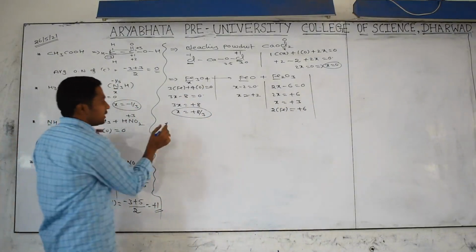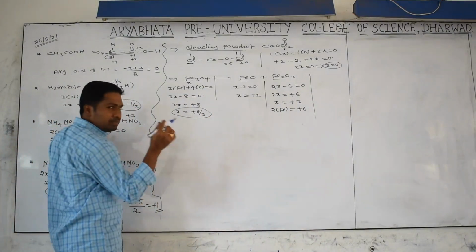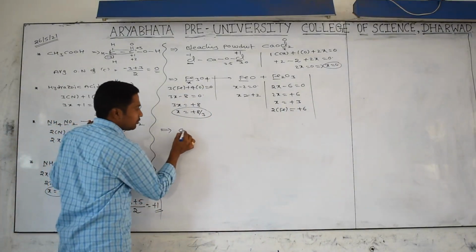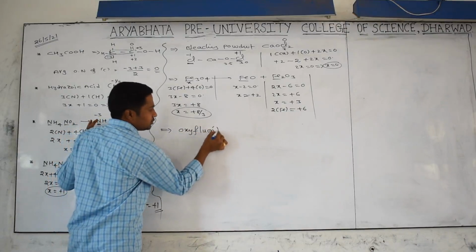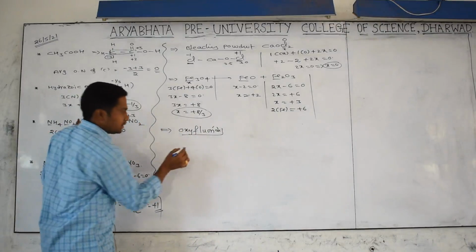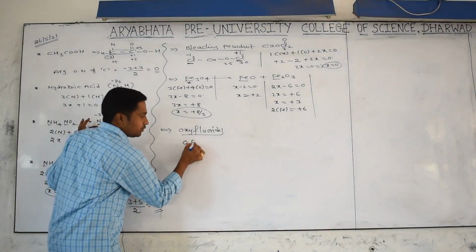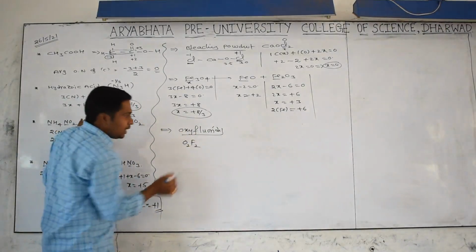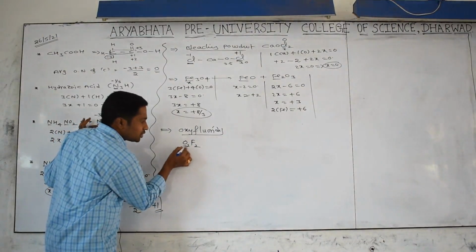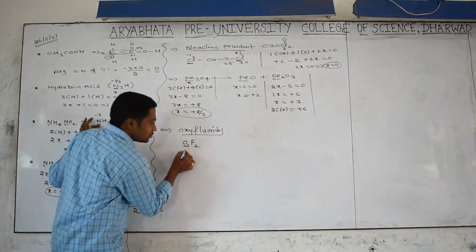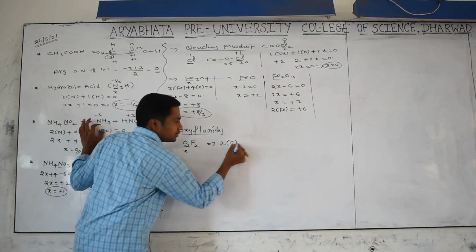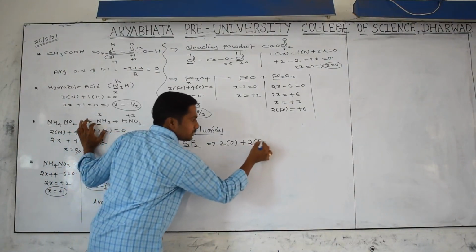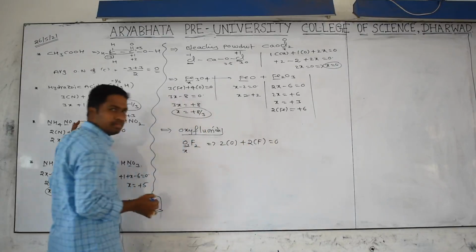I think yesterday I told one small mistake, over there, oxyfluorides. Once you check whether it is right or wrong, yesterday's concept, O2F2 is there, dioxygen difluoride. I want to find out the oxygen oxidation number here. Oxygen oxidation number is taken as x. 2 oxygen atoms plus 2 fluorine atoms together is 0.